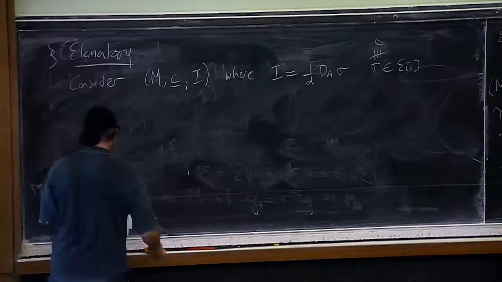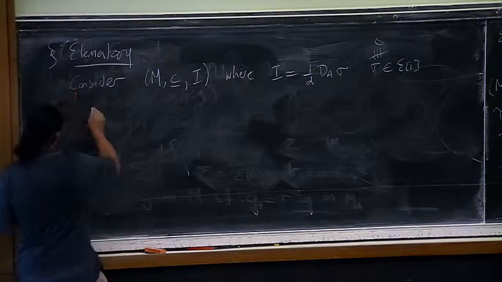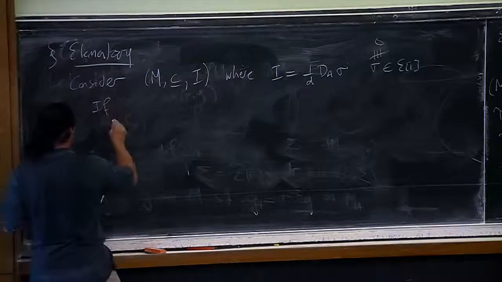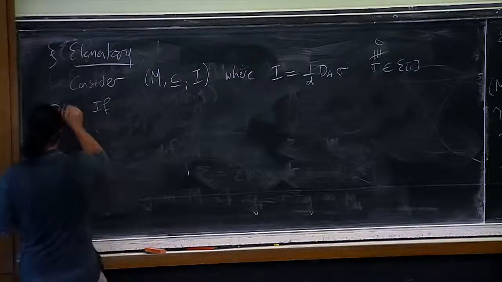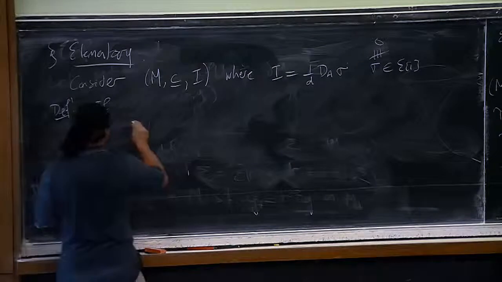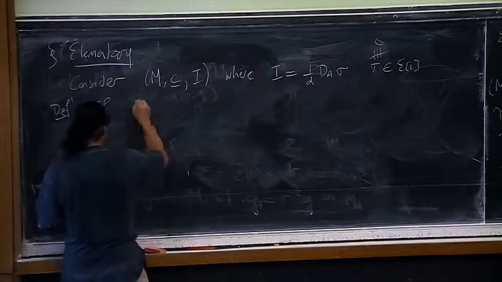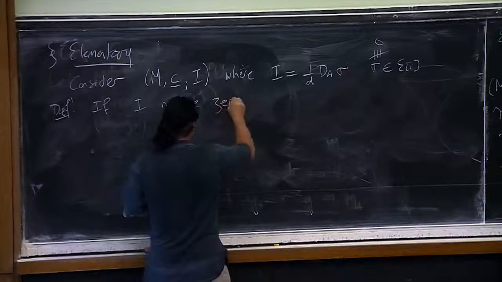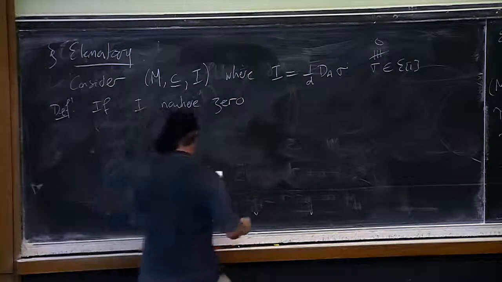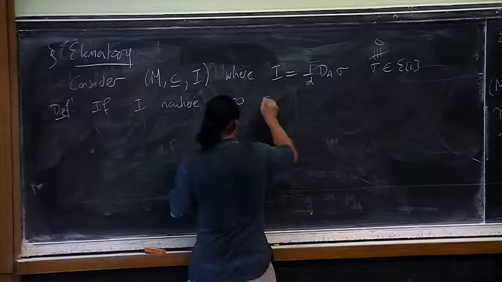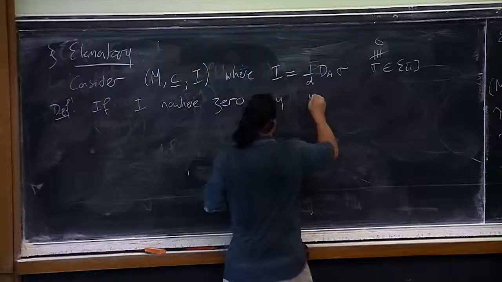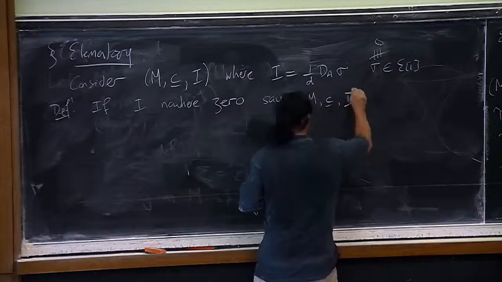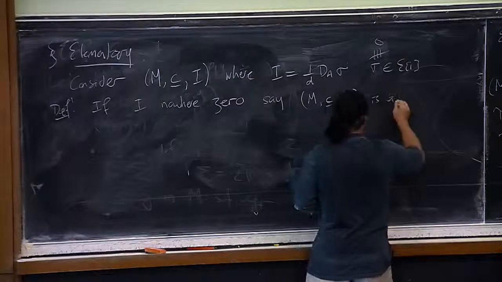In fact, here's a definition. If I is nowhere vanishing, which is what we'd always want, then we'll say that M, c, I is almost pseudo-Riemannian.